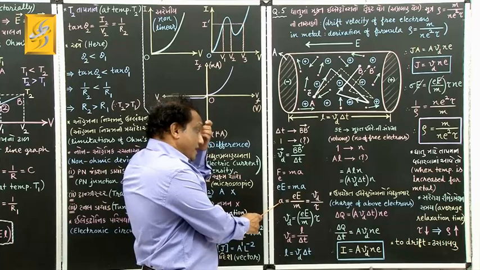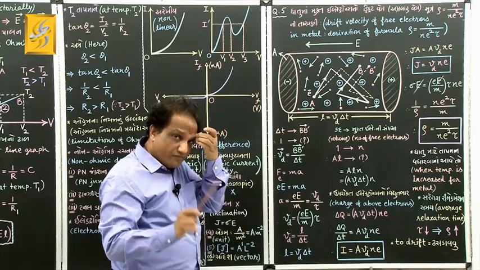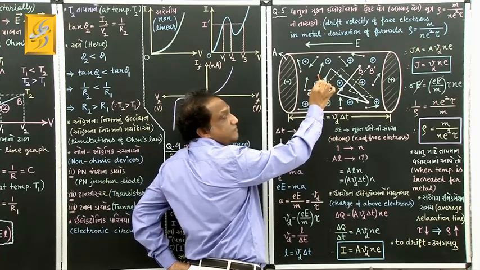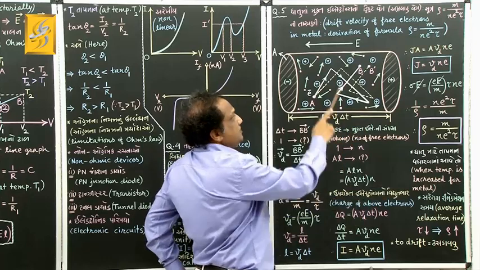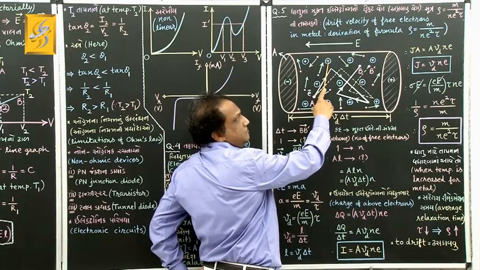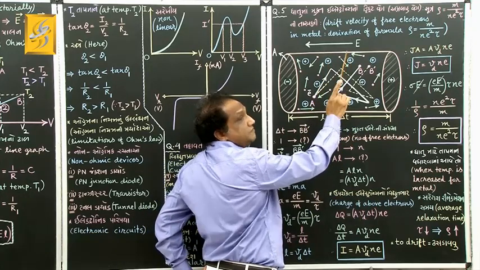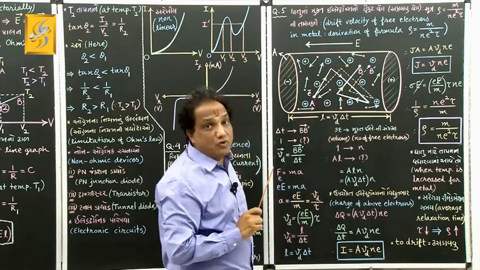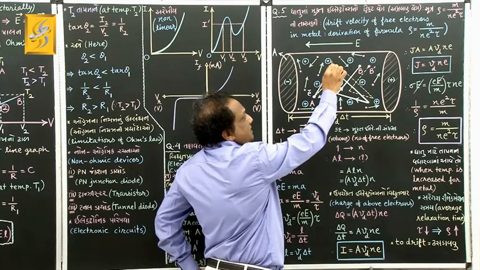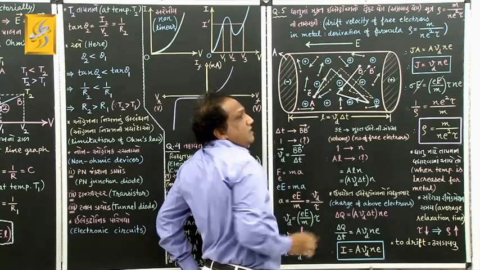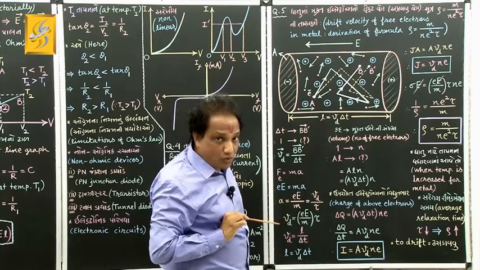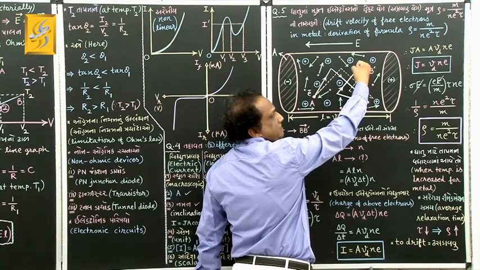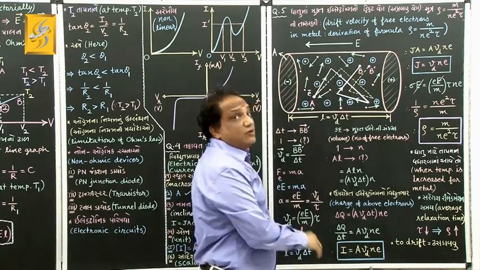Now let us find out the same acceleration using another method. Very simple. Concentrate on a particular electron, say this one. Suppose it makes its first collision over here and next collision over here. Once it collides here, momentarily its velocity becomes 0. Then, because of the electric field, it is accelerated, so its velocity increases.